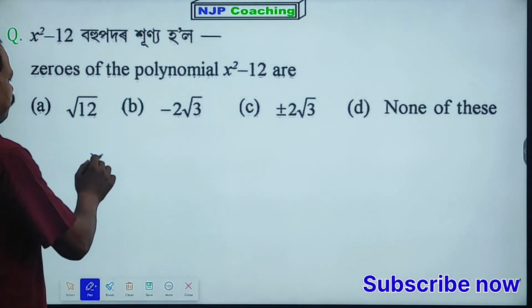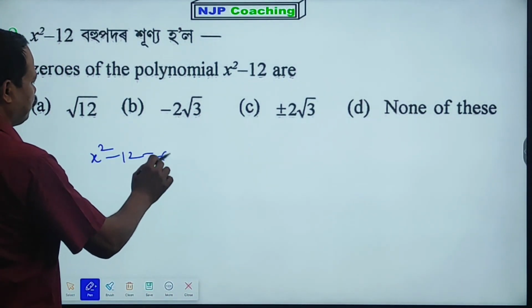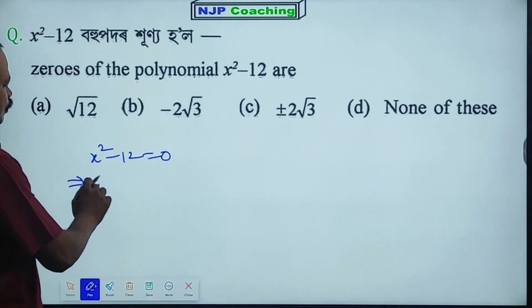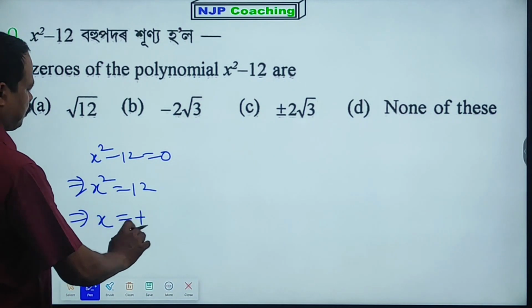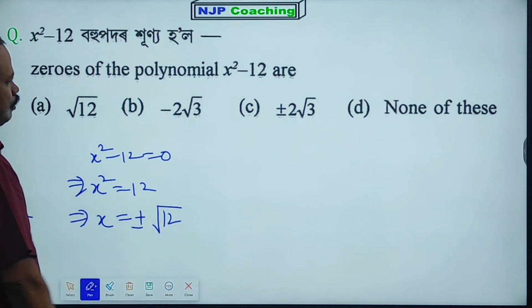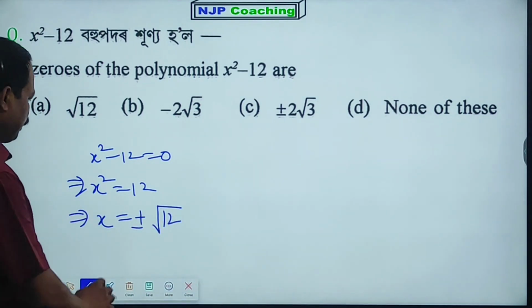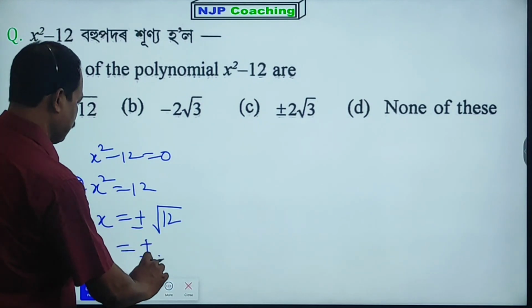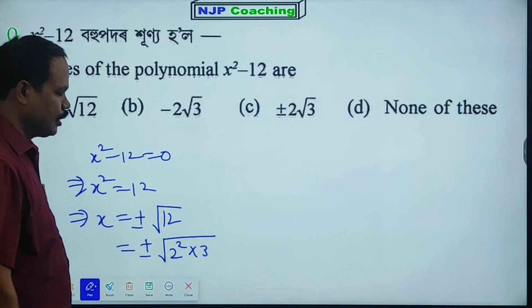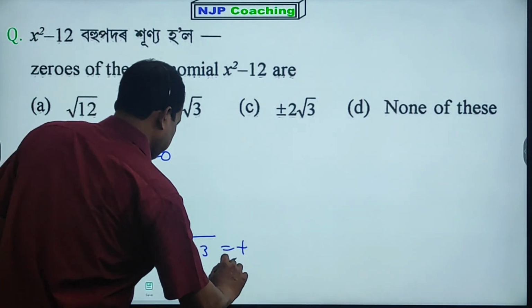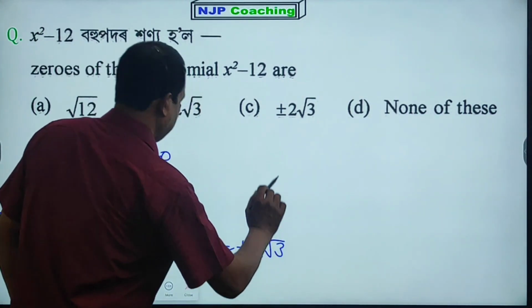Okay, for x square minus 12 equal 0, what should x be? X should be plus minus root over 12. And what is plus minus root over 12? If we factorize, 12 is 2 square into 3, and this will become plus minus 2 root 3.